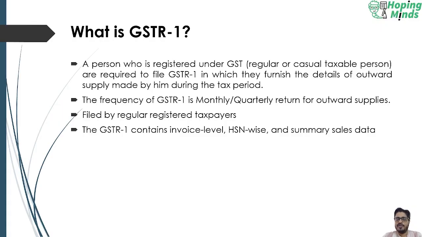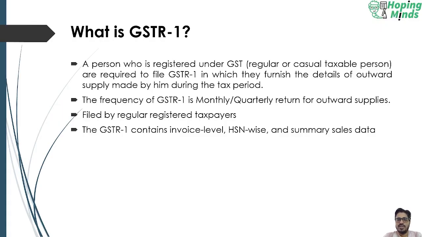That is, if the turnover in the preceding financial year has exceeded rupees 5 crores, then the frequency will be monthly, or where the turnover has not exceeded rupees 5 crores, then the frequency will be quarterly. But the taxpayer has the option to opt for monthly return even where his turnover has not exceeded rupees 5 crores. So the filers are regular taxpayers and the casual taxable persons.